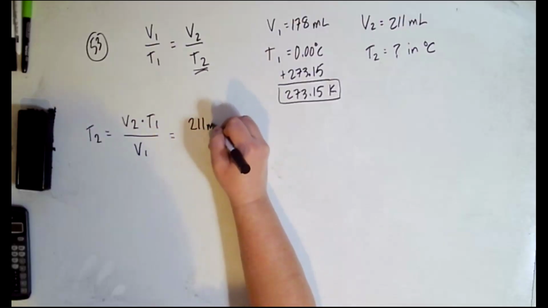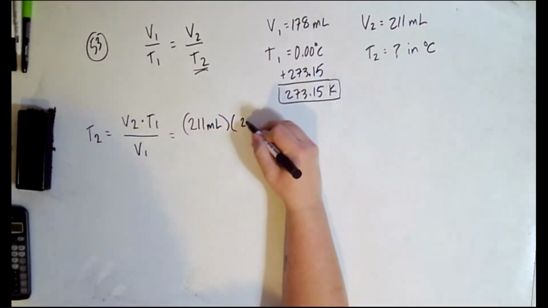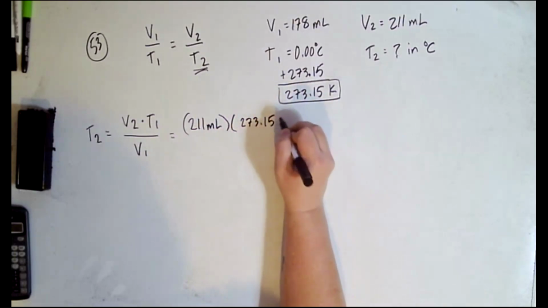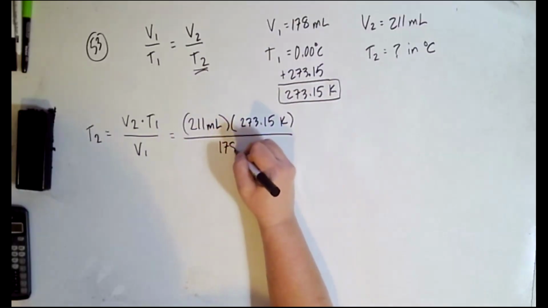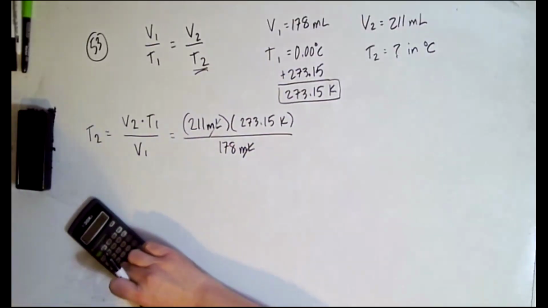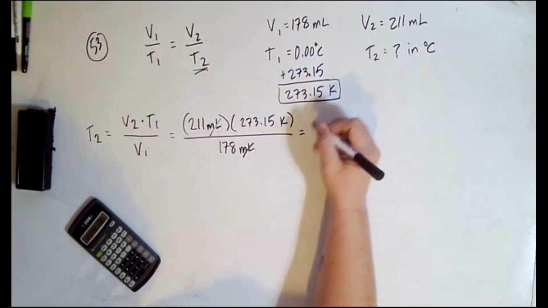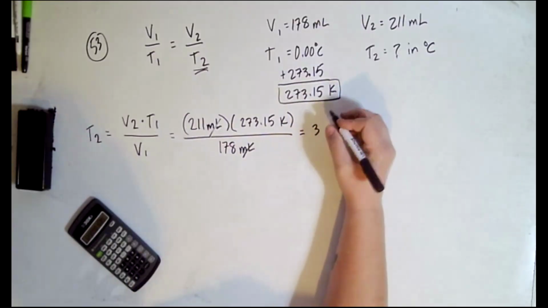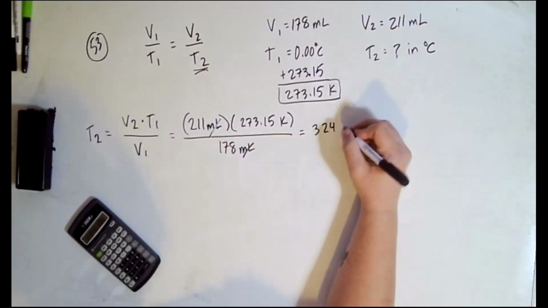V2 is going to be 211 milliliters. T1 is going to be 273.15 Kelvin. Divided by V1, which is 178 milliliters. Our milliliters will cancel out. And we're going to end up with 324 Kelvin.